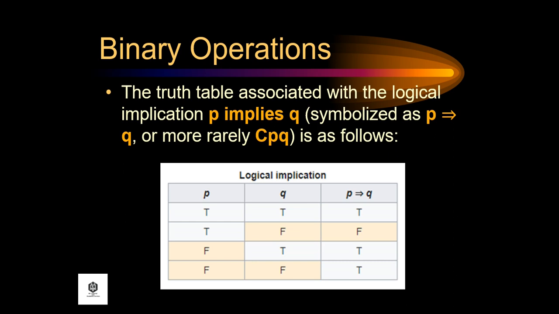The truth table associated with the logical implication P implies Q, or symbolized as you can see on the screen, is as follows. T and T is equal to T, T and F is equal to F, F and T is equal to T, and F and F is equal to T. So that's the truth table for logical implication.